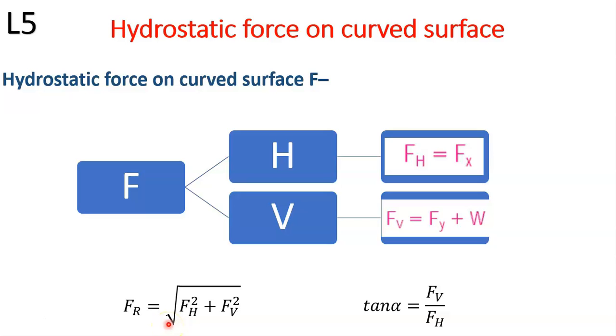That is the usual way of finding the resultant of a force, and the angle involved, tan of alpha, is equal to the vertical component of force upon the horizontal component of force. If you like, angle alpha is equal to tan inverse of Fv upon Fh.